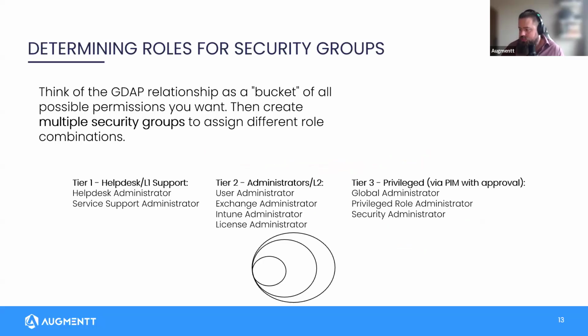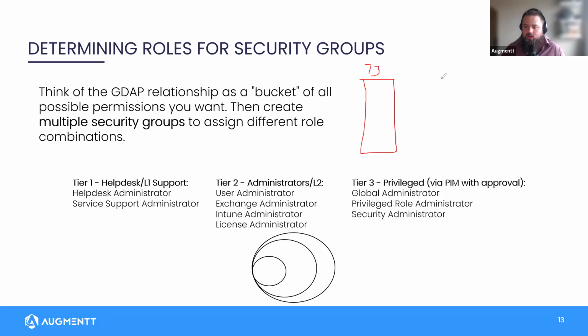What are the most common mistakes you see with security group setups? The most common mistake that I see falls back onto the relationship. An MSP would request like 73 roles, which I believe is every role minus global administrator. And then they haven't done the work to determine what they are actually doing for their customers.